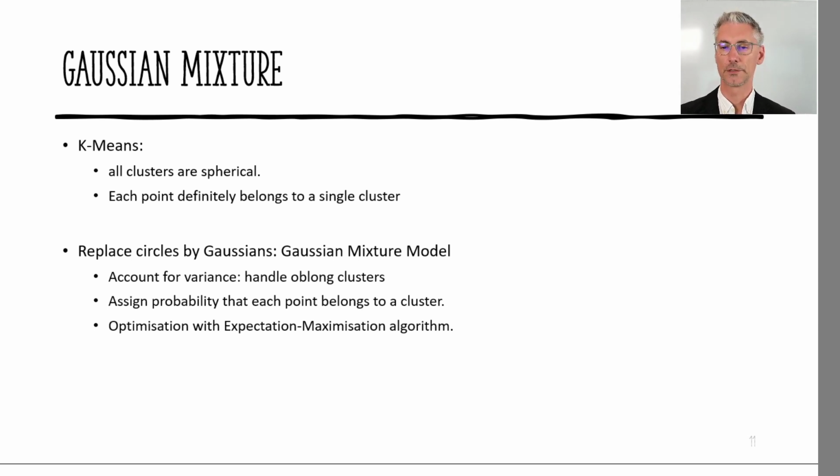Here we replace those circles by Gaussians, and this is why it's called Gaussian mixture model. So we can account for variance, that means we can handle oblong clusters, and we can also then assign a probability that each point belongs to a cluster. The optimization is done with the expectation maximization algorithm, which we don't discuss in detail here, but you can find it in the literature, of course.